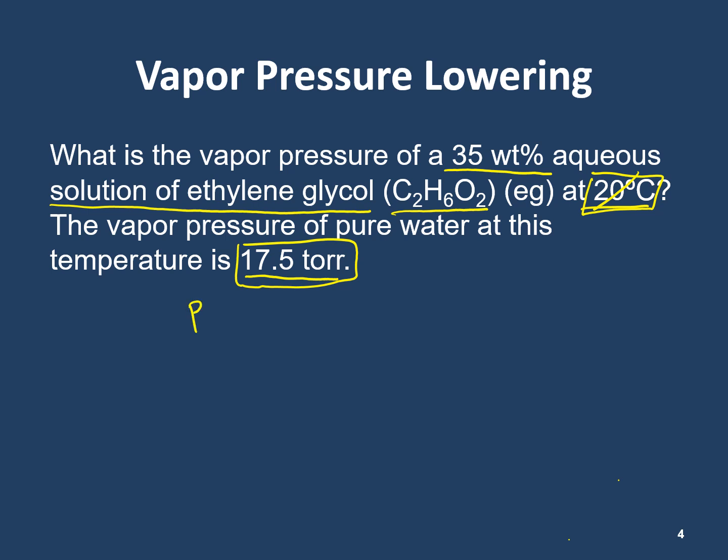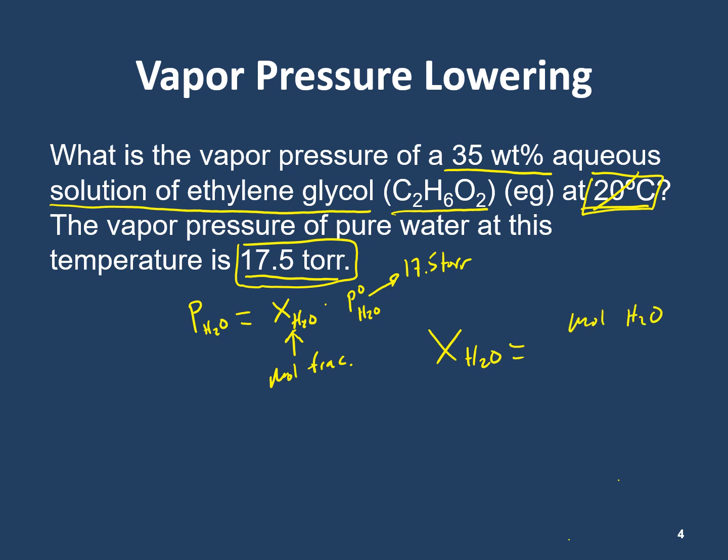So we have our equation P1, which in this case is going to be H2O because it's the volatile component, equal to the mole fraction of water in the system times the pure vapor pressure of water, and this is 17.5 torr. What I need to solve then is my mole fraction of water, which we know is equal to the moles of water in the system divided by the total moles.